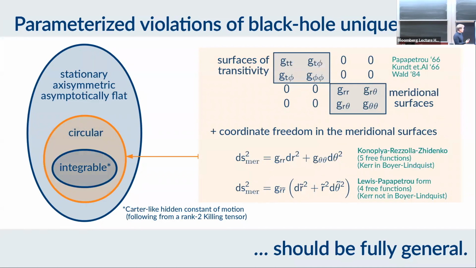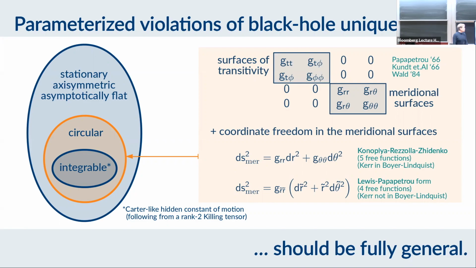Okay, so if you make the class larger and go to circular spacetimes, now you can think of the metric being block diagonal. So you still have the structure where you can form 2 different blocks, one being the Killing coordinates t and phi, and one being the non-Killing coordinates.